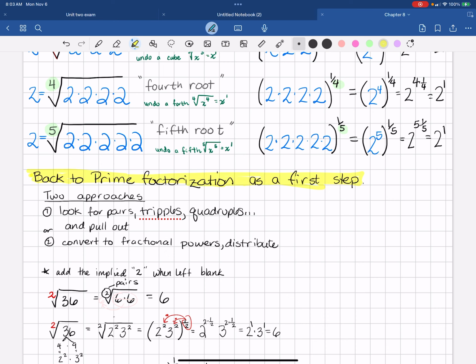You can look for the pairs, triples, quadruples, and pull out, the way I was showing there, or you can convert to the fractional powers and distribute the fractional powers. The later problems in 8.1 homework are easier with method 2, and in the earlier ones, you actually get to practice both methods potentially.